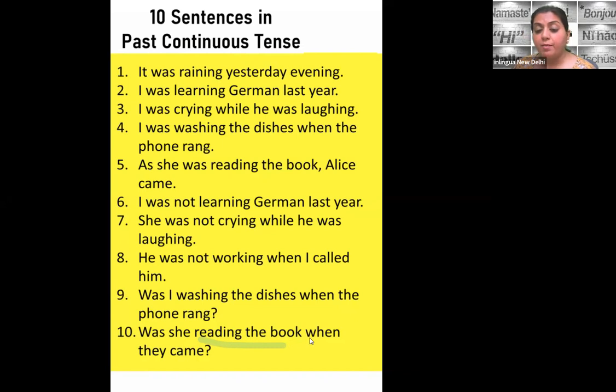Was she reading the book while he was sleeping? Or was she reading the book when they came? Yes and no answer. Yes, she was reading the book when they came. Or yes, when they came, she was reading the book. You can use any of these sentences. And the answer for this last question is obviously in the yes and the no.